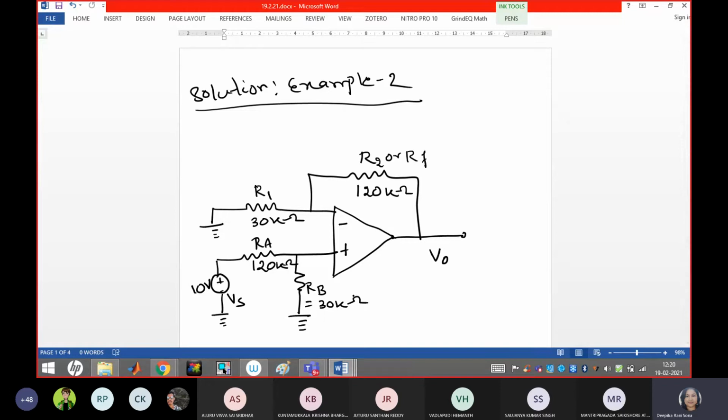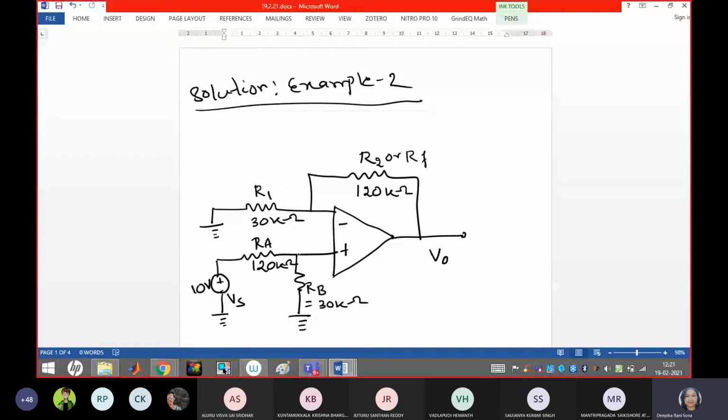Check the question. A source voltage Vs of 10 volt is fed to a voltage divider. So which one is voltage divider, guys? This part is voltage divider, right? RA and RB part is called as the voltage divider part. Then implemented with RA and RB value with 120 kilo ohm and 30 kilo ohm, and the voltage across RB is in turn fed to a gain of type non-inverting amplifier.